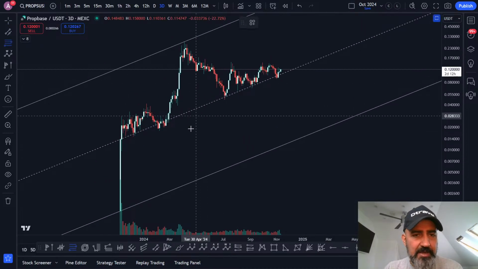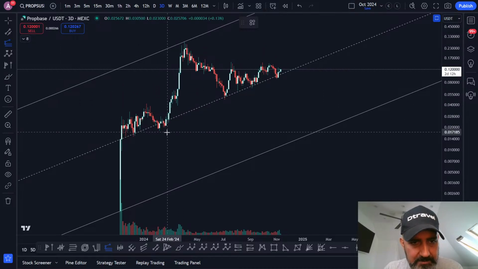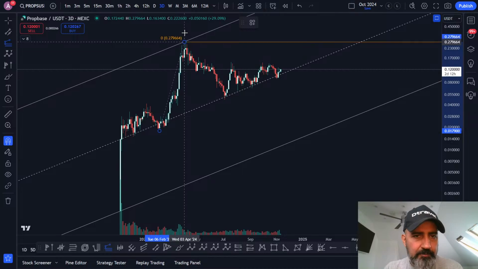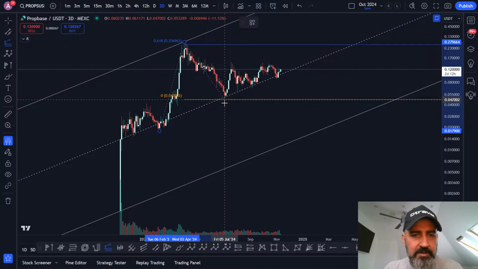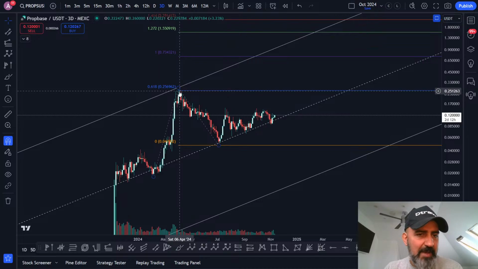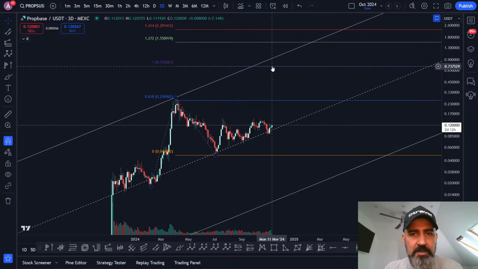So what I'll do here, I'm trying to find some targets for us, something that makes me confident about the next move. So I'm just going to do it from the wave 3 down to the end of the 4. 618 takes us back to the high, and a 1-to-1 here will take us to 73 cents.